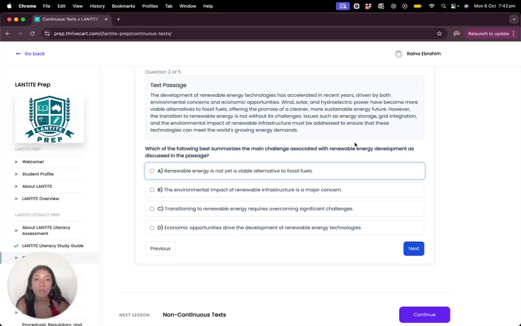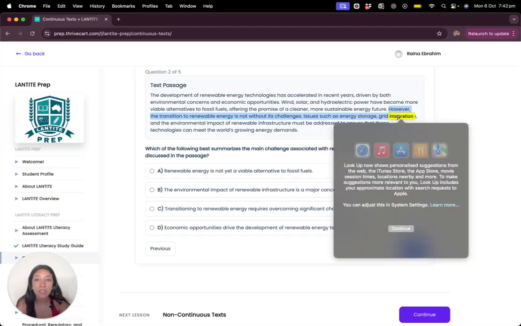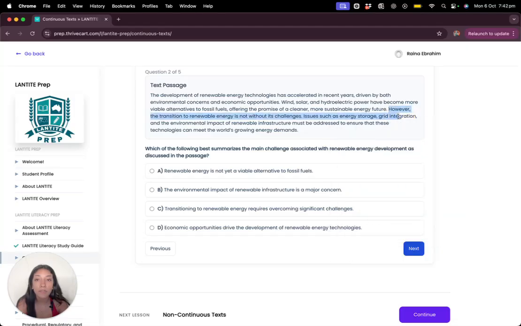Okay, so when I'm looking here, I can see that, however, the transition to renewable energy is not without its challenges. Issues such as energy storage and grid integration and the environmental impact of renewable infrastructure must be addressed to ensure that these technologies can meet the world's growing energy demands.